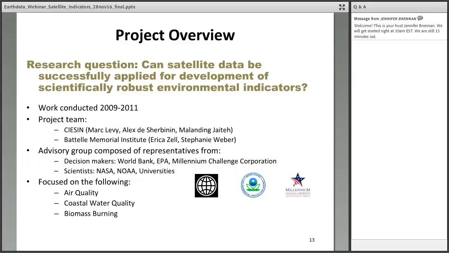The project team based at CSUN was Mark Levy, our deputy director, myself as a co-PI, and Melanding Jaita. And Battelle Memorial Institute also played a critical role with Erica Zell and Stephanie Weber as co-Is on this. The advisory group was composed of representatives from the World Bank, EPA, and Millennium Challenge Corporation, which is an aid-giving arm of the U.S. government. And they rely very heavily on indicators.